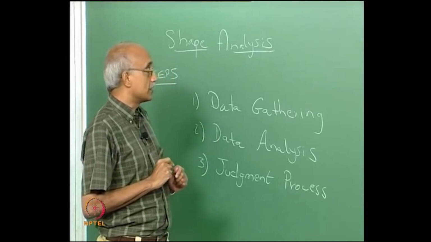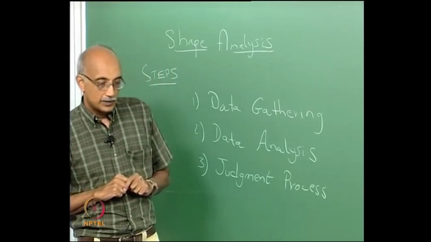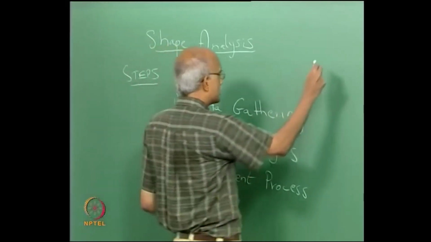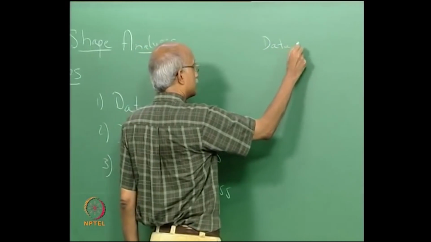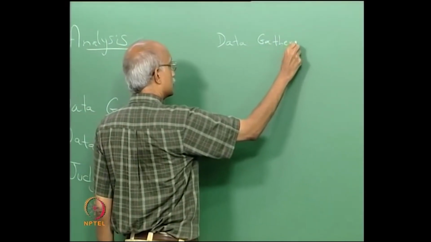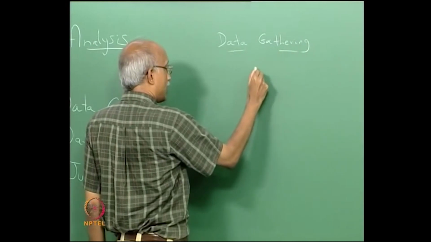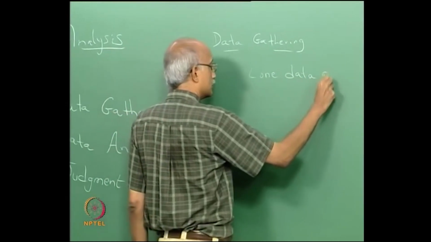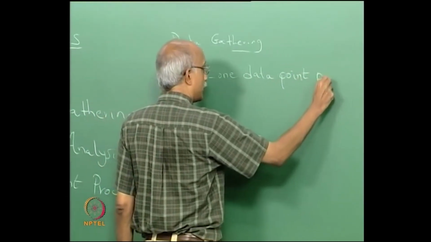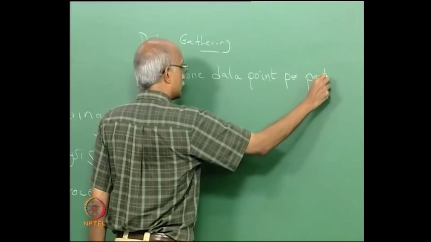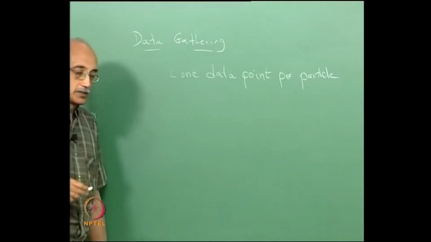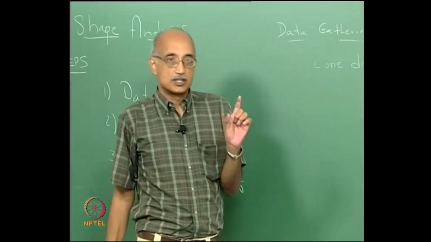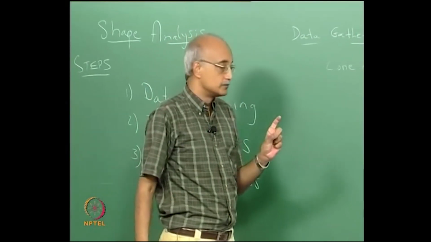Now if you look at the first step, data gathering, there are various modes of gathering data for shape analysis. So if I just look at data gathering as the first step, it can be as simple as one data point per particle. In other words, you could say that I am just going to look at the largest dimension of the particle, and I am going to represent the shape of the particle by its largest dimension.